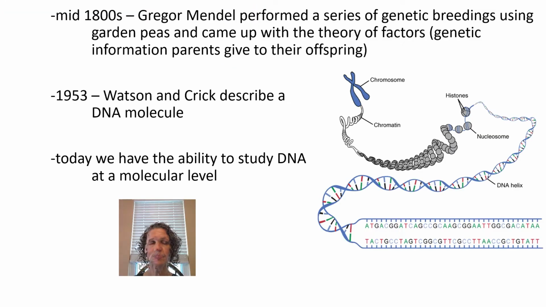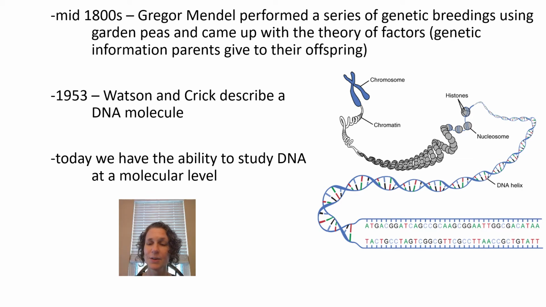Now, the real beginning of genetics started in the mid-1800s with a man named Gregor Mendel, and we will talk a lot more about him in the second part of this chapter. He performed a series of genetic breedings and took extensive records.